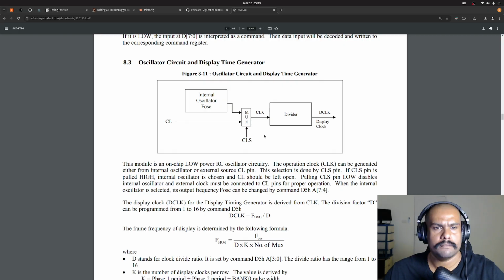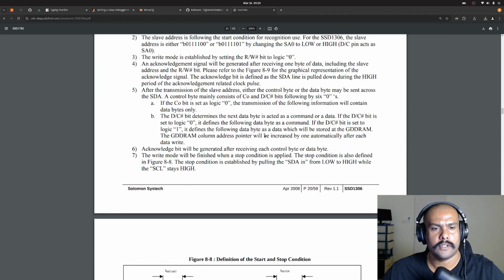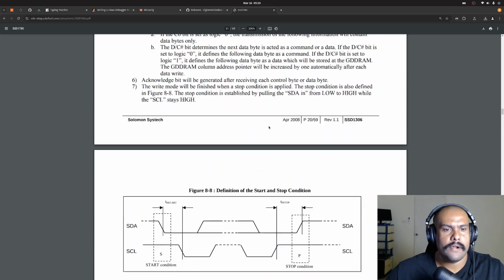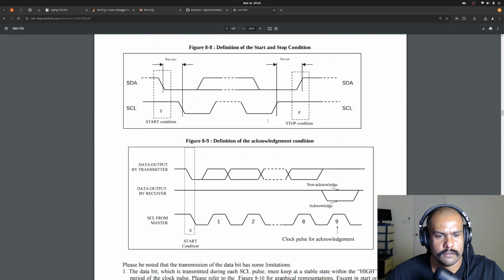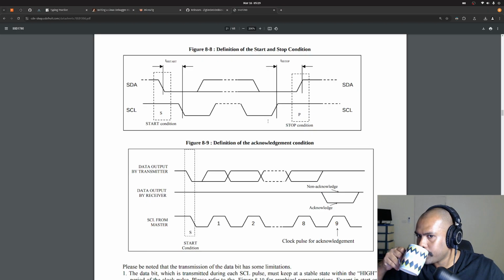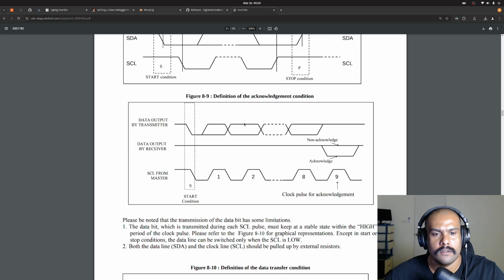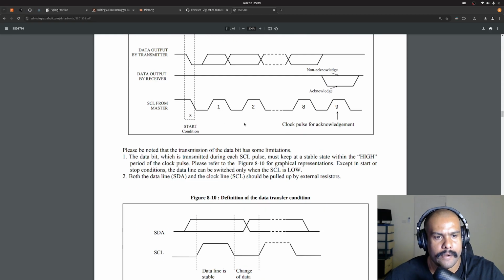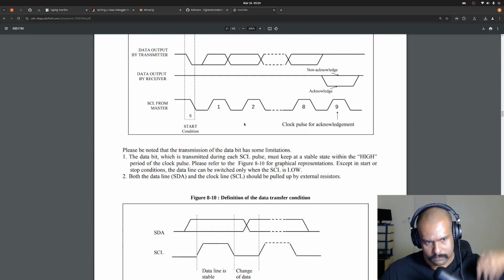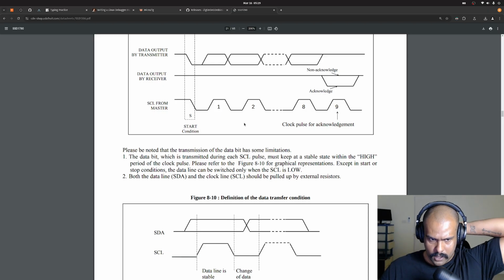Okay, I'm just gonna read all of it. Write mode. Yeah, I think I did read that yesterday. Please be noted that the transmission of the data bit has some limitations.